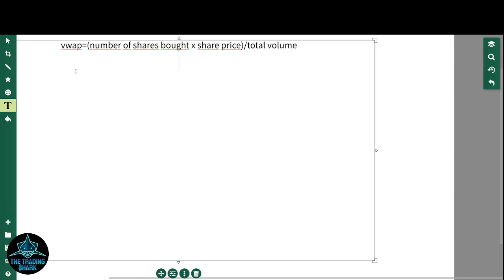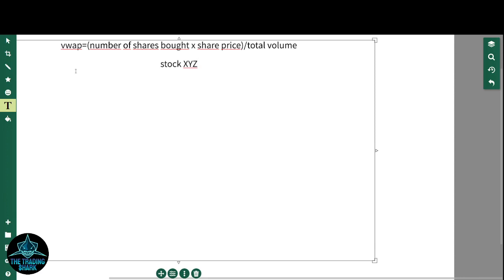So a quick example, so to illustrate this calculation better, let's imagine we have a stock XYZ. So we have 4 prices printed with different size of shares.